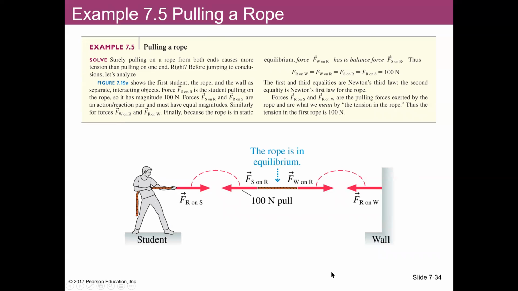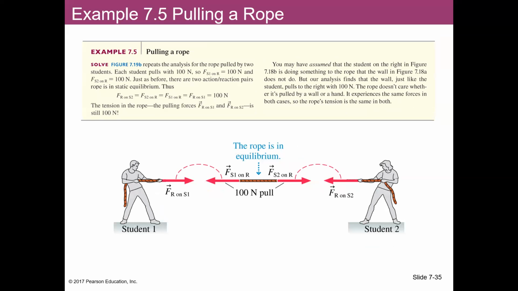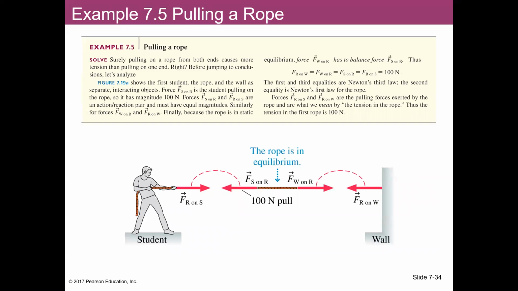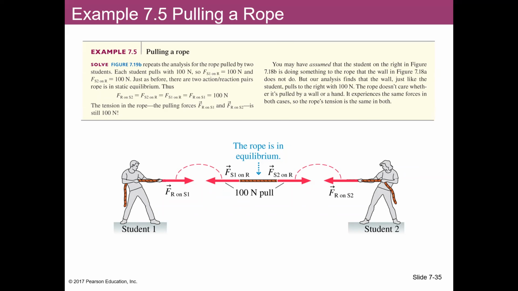There's tension in a string when there's an equal and opposite force on both ends of the rope. That turns out to be the same for the wall as for the person pulling on the other side of the rope. It doesn't matter what agent is applying that force. It's not easy for us to see that the wall is feeling the force because we don't see or feel it. But it's the same thing.